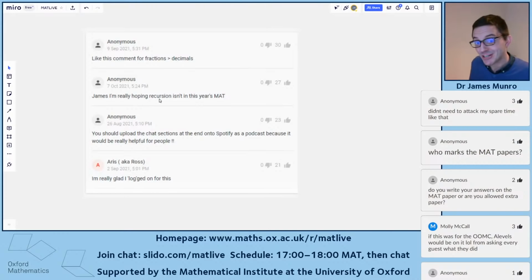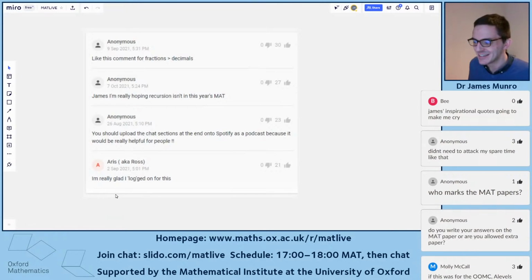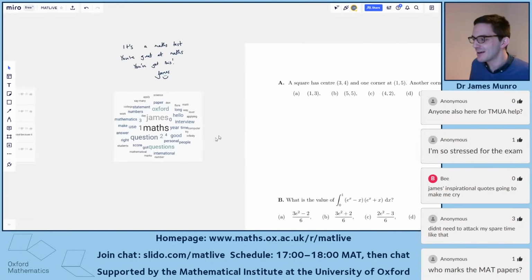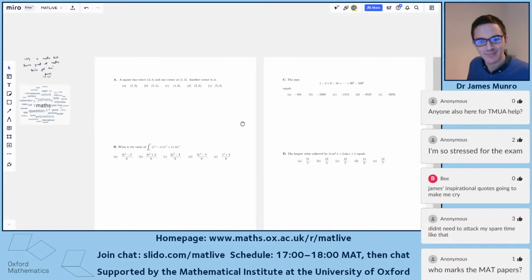And then hoping recursion's not on this mat, no comment. And then putting it on Spotify, never did that, sorry. And then the only person on here who is not anonymous: Aris, well done. You've got the top comment by someone who put a username down. It was from the logarithm session. Aris's joke, I'm really glad I logged on for this, was the top rated pun. Cool, okay. We're going to do a math question now, I think.